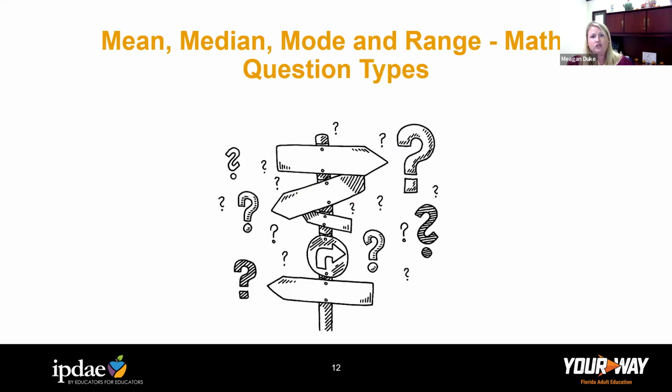Okay. So also in the context of math, whether it's mean, median, mode, or range, or any math concept, there are different question types that students are going to come across. How are they going to be asked to respond to a certain question?